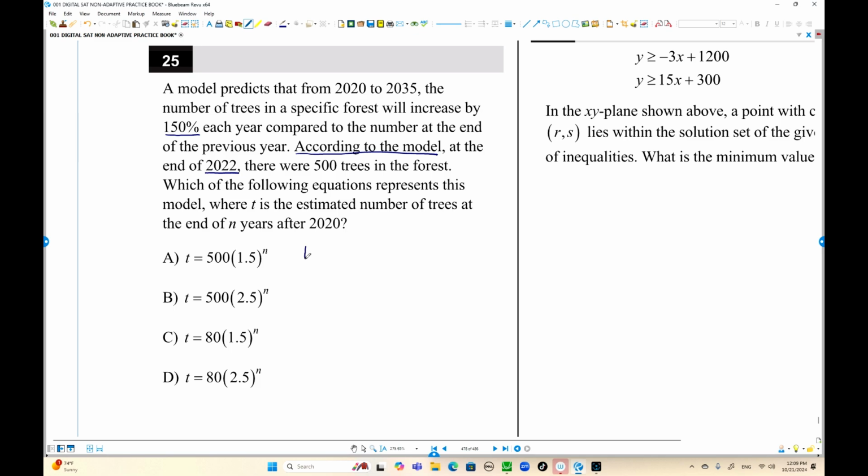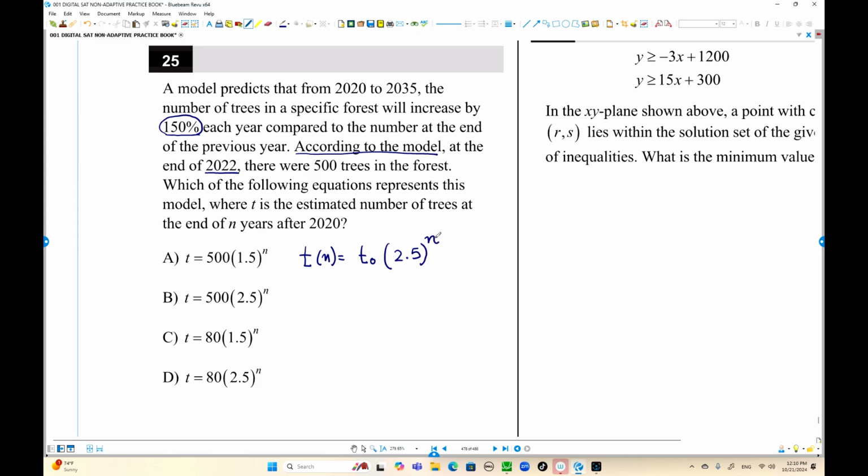So you can set up the equation. Function of n equals the initial T0 times 1 plus 1.5. That is, the increasing rate is 1.5, so the total factor is 2.5, and times the number of years n.